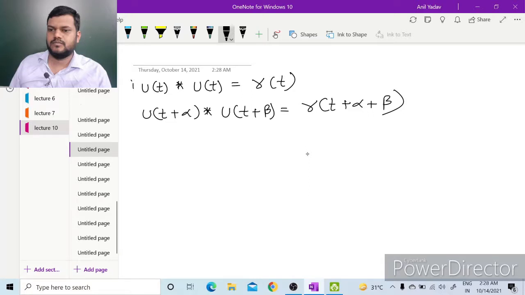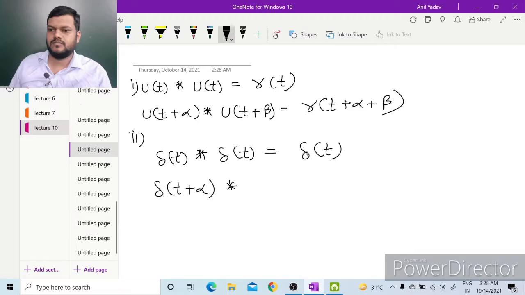And the second result, we know delta t convolved with delta t is delta t. So delta(t plus alpha) convolved with delta(t plus beta), result will be delta(t plus alpha plus beta). Or we can say r(t) with delta t will be r(t), and r(t plus alpha) with delta(t plus beta) will be r(t plus alpha plus beta). We can generate all the outcomes.